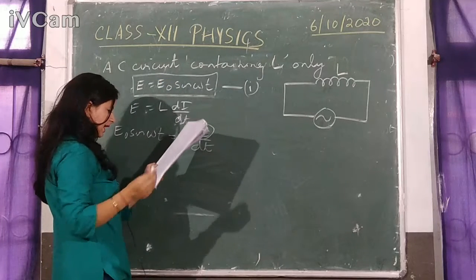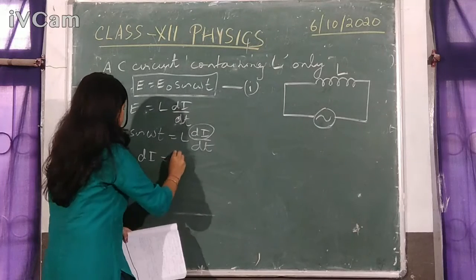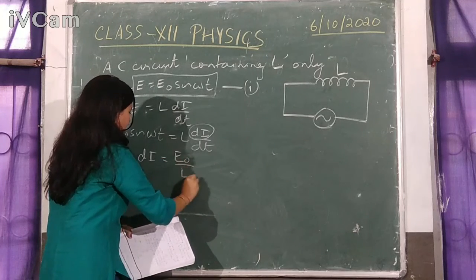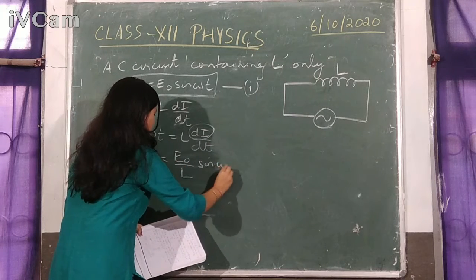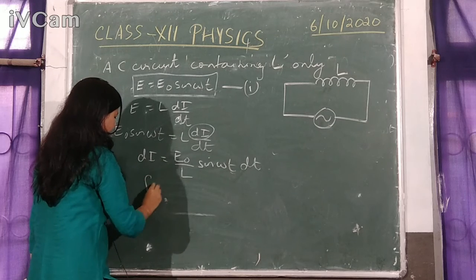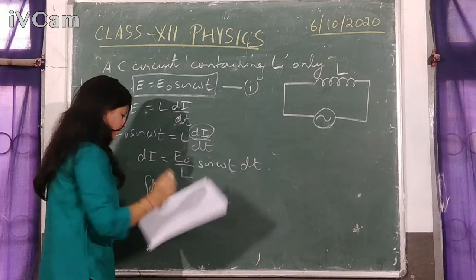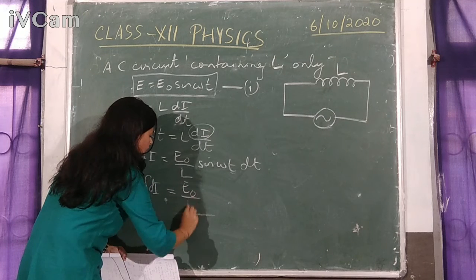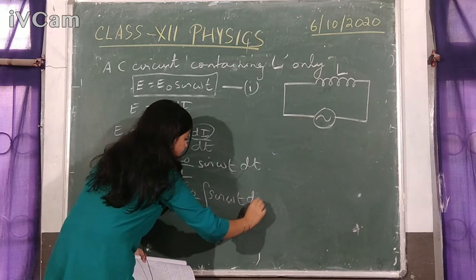So for that I will just cross multiply: di is equal to E naught by L sine omega t dt. If you want the value of I, I'm going to integrate it. So di is equal to E naught by L, which is a constant, integration sine omega t dt.